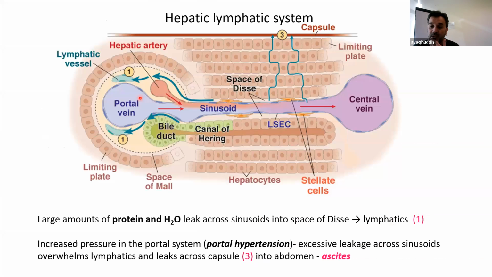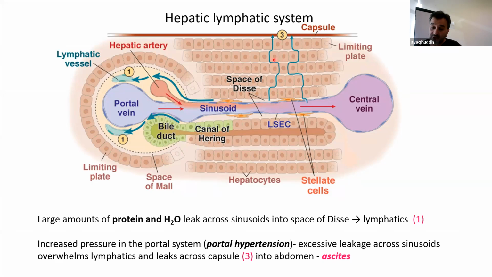Now, what you also need to know is that when there is cirrhosis of the liver, for example, and you have compression on the portal vein or its branches, the pressure in this system is going to increase, which will allow the fluid to pass through the spaces in the sinusoids, from the hepatocytes to the surface of the liver, and it would start to accumulate there, resulting in ascites.